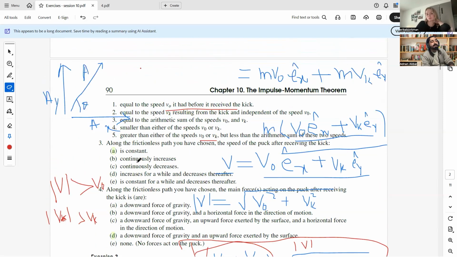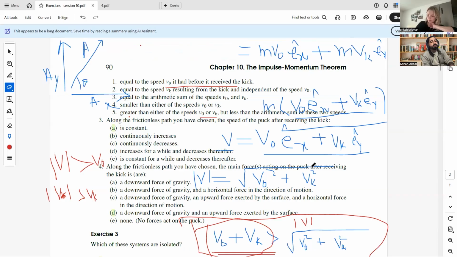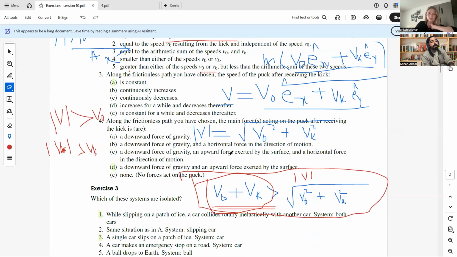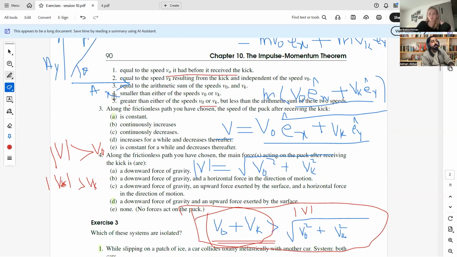Our conditions are satisfied in both cases: greater than either of V naught or Vk, but less than the arithmetic sum of the two speeds. Yes, we are agreeing with these two conditions, and option 5 is the correct option. Is it clear? Yes, it's clear.